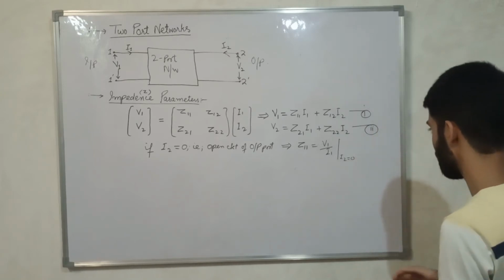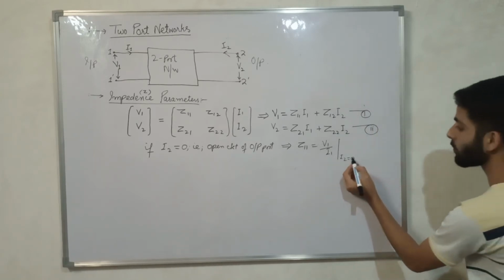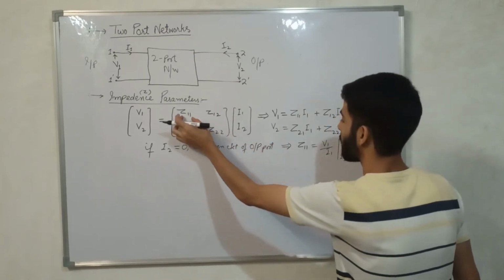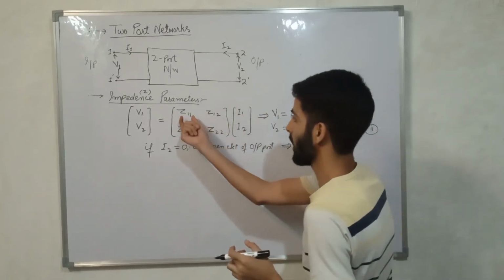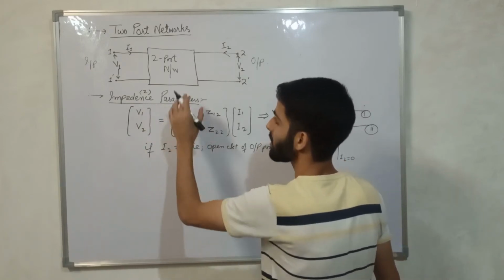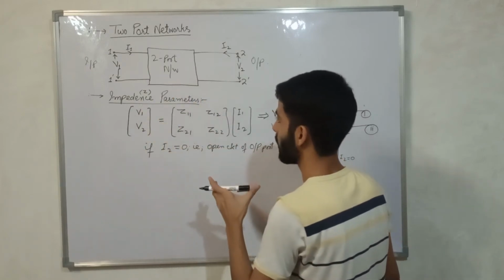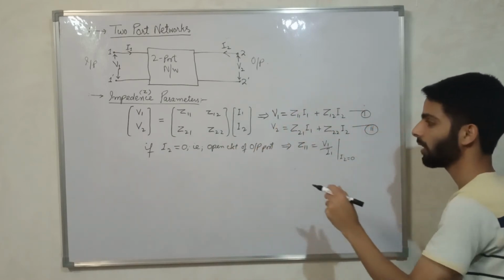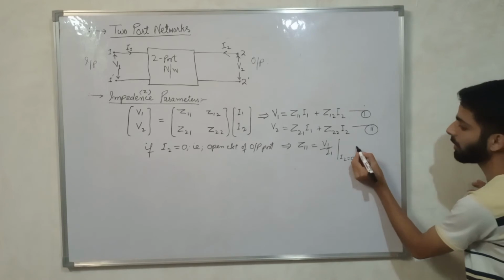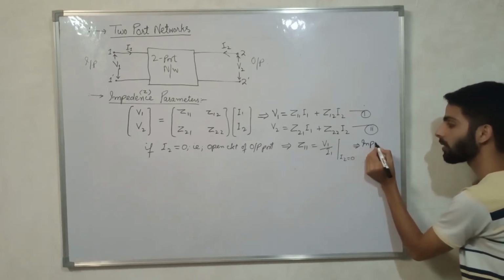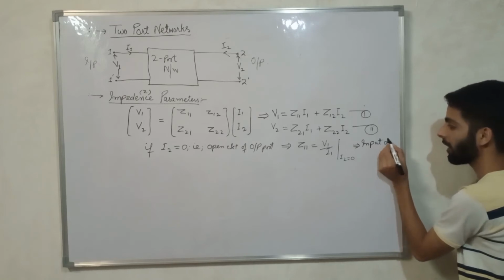What does this mean? We have found Z11. So here Z11 is the impedance of input, right? Here we have taken I2 equal to 0. So this one will be named as input driving.